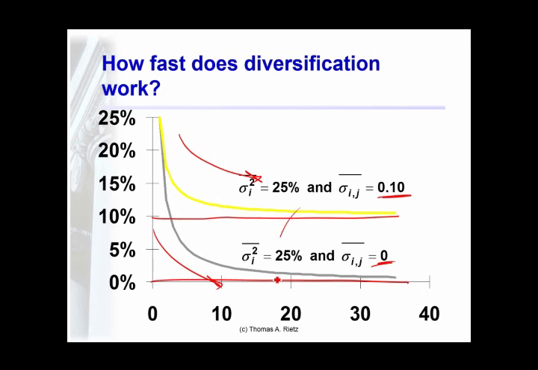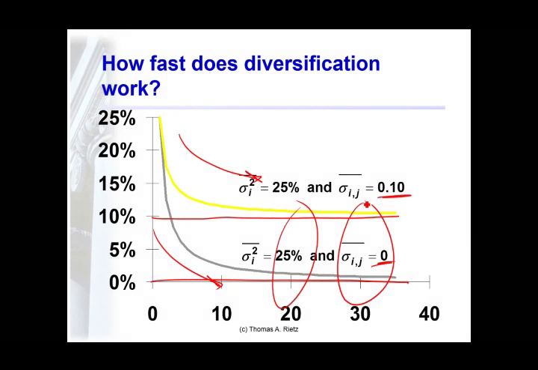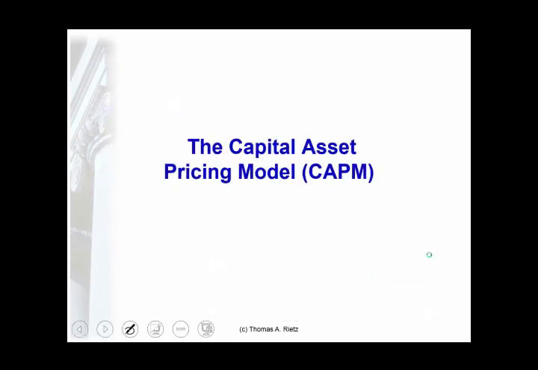By the time I get out here to 20, 30 stocks or so, the diversification effects of the investments in the portfolio are dominating, and it's the average tendency to move together, reflected by the covariance, that determines the risk in the portfolio. This is what will determine the risk for any well-diversified investor, and forms the basis of what in the next video will become the capital asset pricing model, or CAPM.